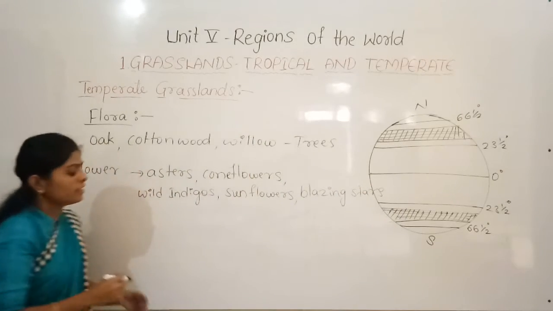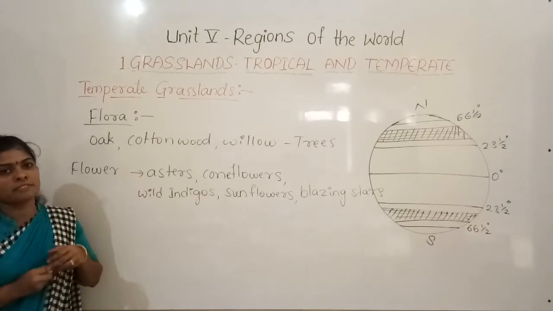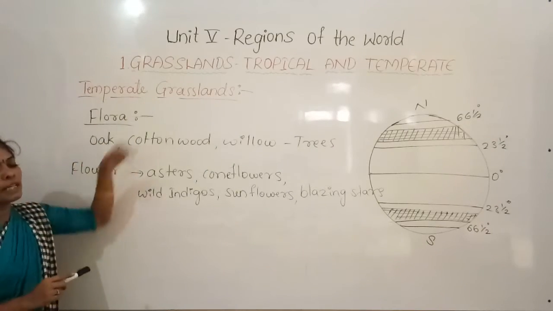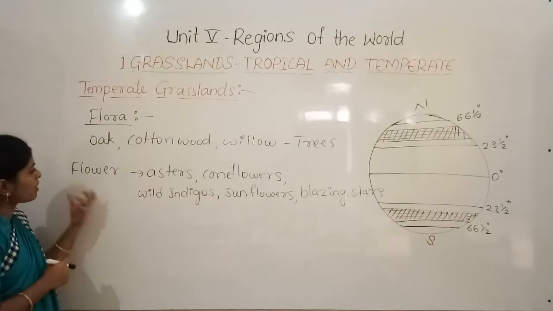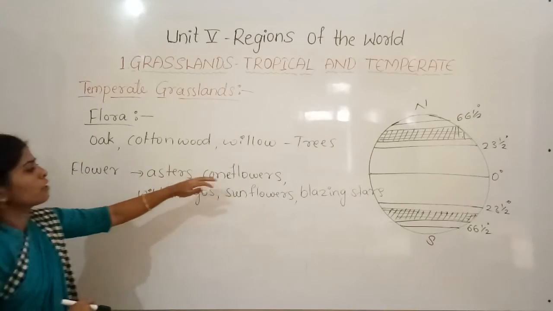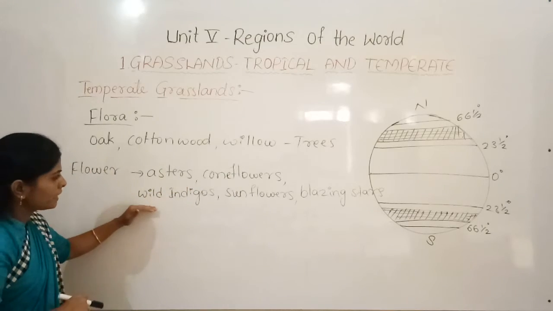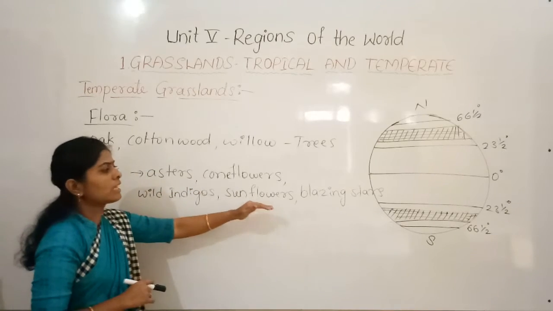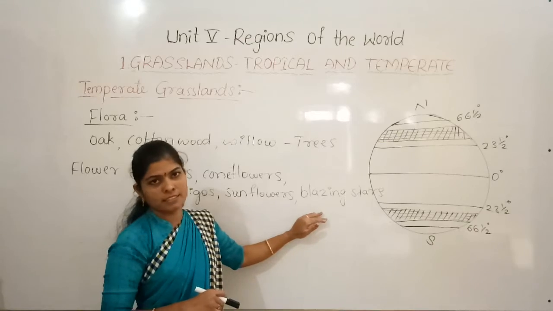So these are some flowering plants which we can see in the temperate grasslands. So the flowering plants in the temperate grasslands are asters, coneflowers, wild indigos, sunflowers and blazing stars.